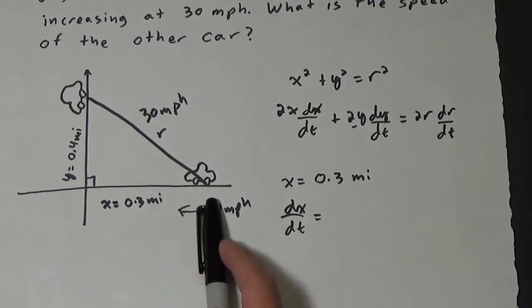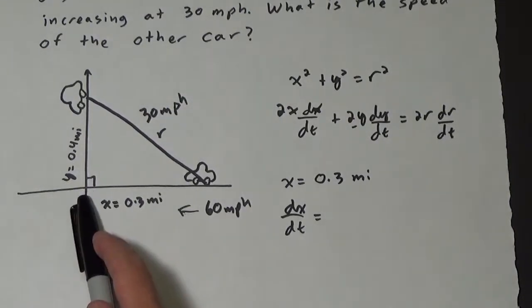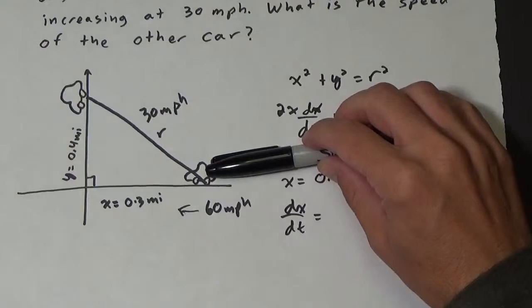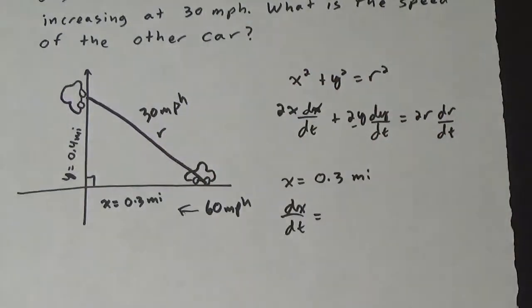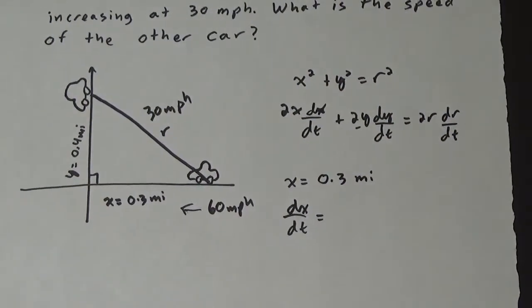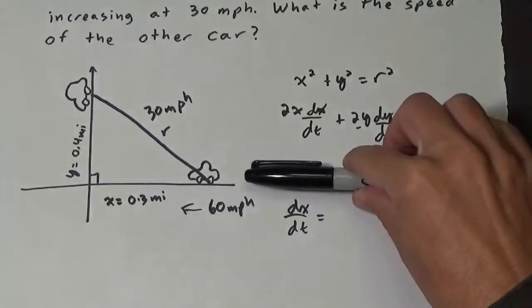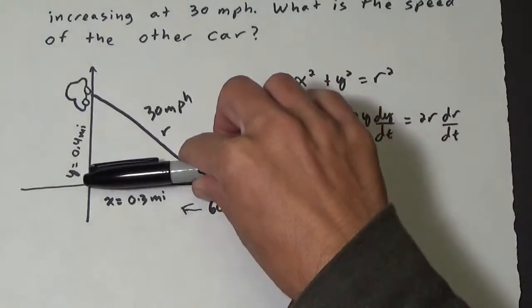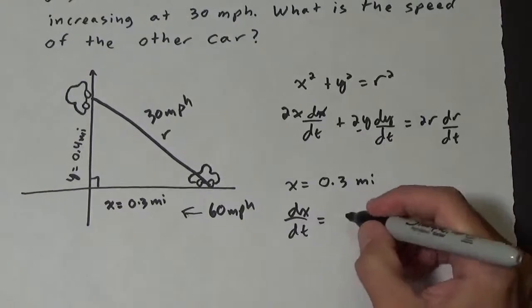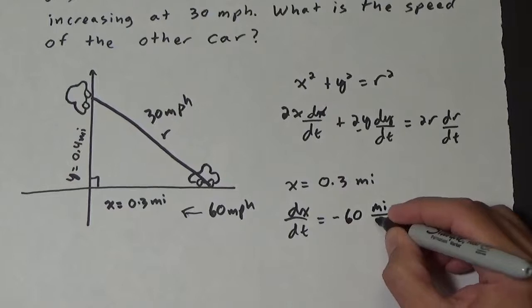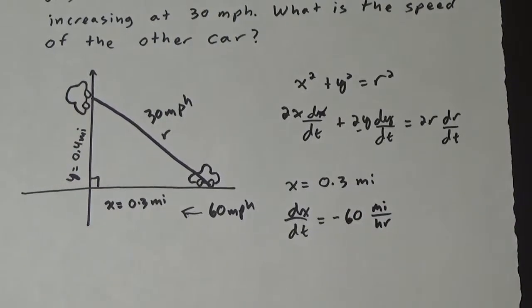Considering x is the distance between the police car and the overpass, the rate that it's changing is the speed of the police car, and that's 60 miles per hour. But we do have to take into account direction. Normally we make right positive and up positive. So in this case, because it's going 60 miles per hour to the left, it has to be a negative 60. That negative is important in this case.